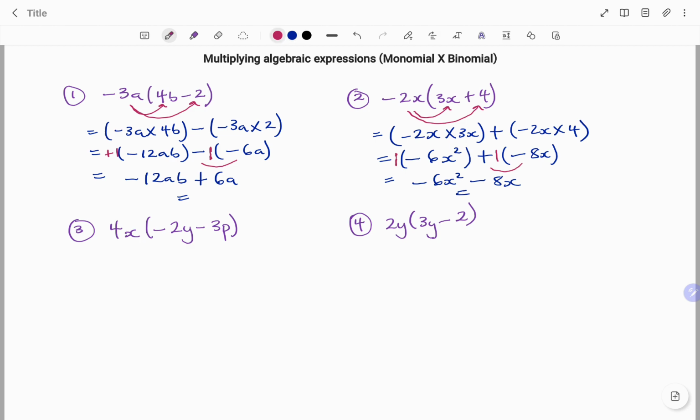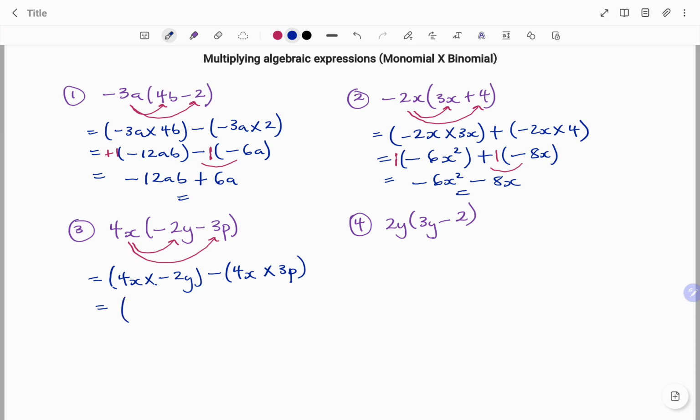In my next example, I have 4x multiplying in the brackets minus 2y minus 3p. The term outside, that's my monomial, is going to multiply all the terms in the bracket. If I expand, I'm going to be using my bracket again. I have 4x multiplying the first term, that's minus 2y, the sign, that's minus, and then I have my 4x, again multiplying 3p, using the distributive property.